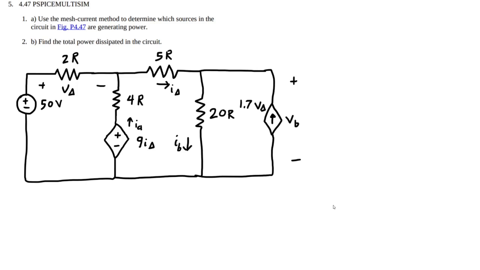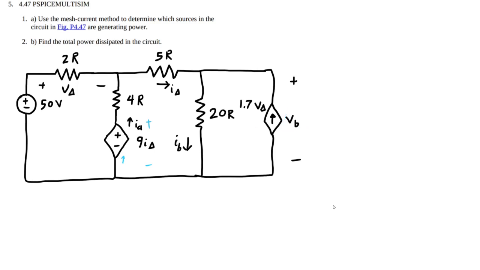So to do that, we need to know the voltage across here, the current IA, the current flowing through this source, and we need to know VB.